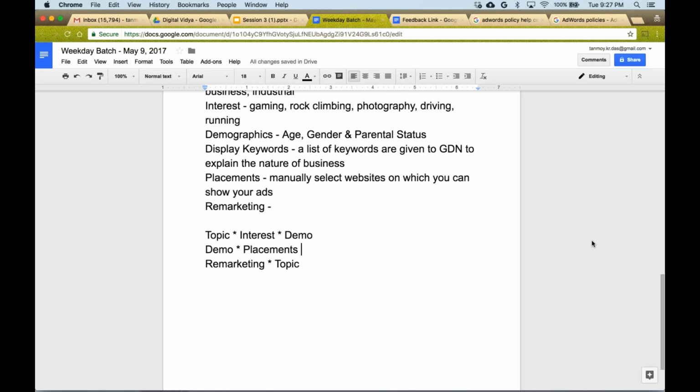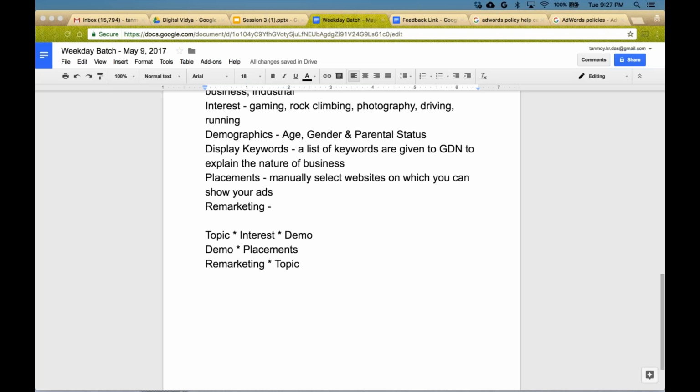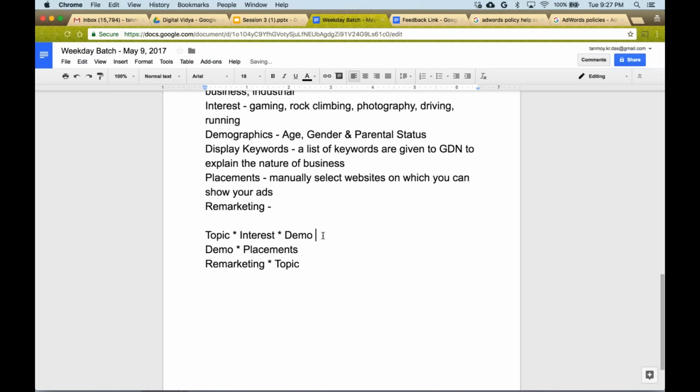It's like adding more and more filters. Yes, Sarthak, absolutely right. What about adding all of them in? I was coming to that. Suppose people are adding all the types in this. You go ahead and add display keywords as well, you add the rest of the types, all six types.